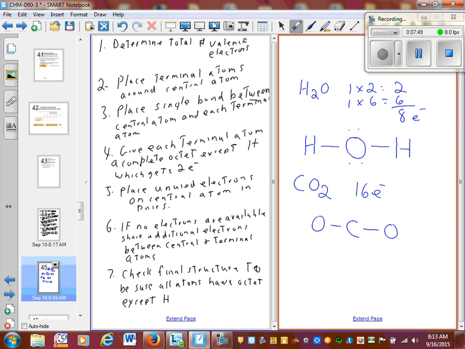Give each terminal atom a complete octet, except for hydrogen. Hydrogen only needs 2. The oxygen needs 8. It needs an octet. It already has 2. Each oxygen has 2. We've used 4 electrons, but each oxygen only has 2. So I got to add 6 to each.